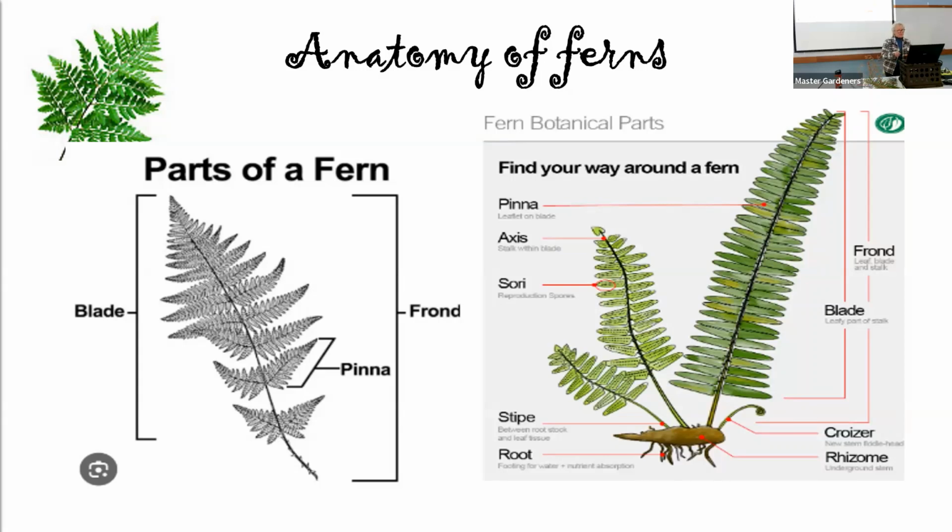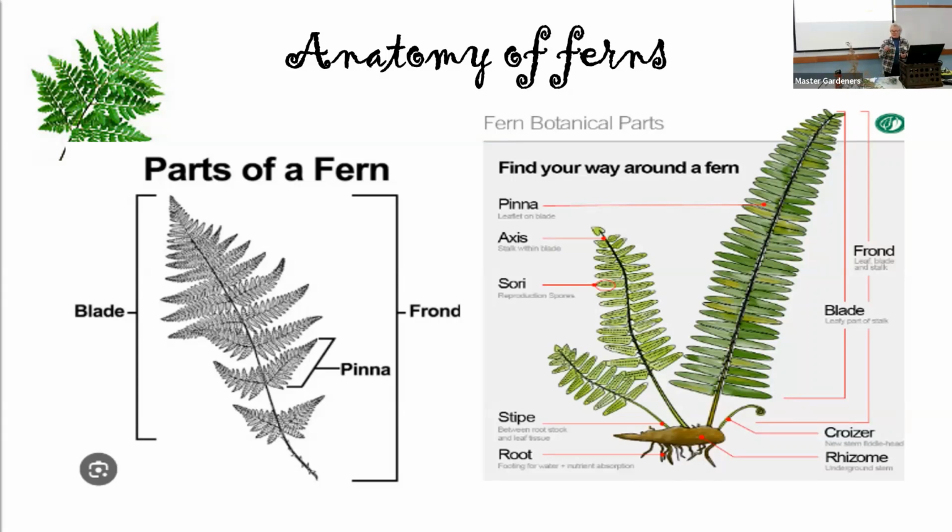It's important to know this, because if you're identifying the different ferns that we have, all of those things are going to be characteristic of the particular species you're looking at, because they have different shapes. They all have sori or spores, but those too can be different shapes. They can be different colors.